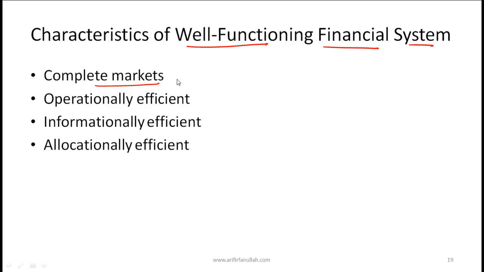Hedgers can use various forms of derivatives to hedge their risk. So Pakistani financial markets, for example, would not be considered complete because we do not have sufficient access to derivative securities that would allow entities to fully hedge their risk.